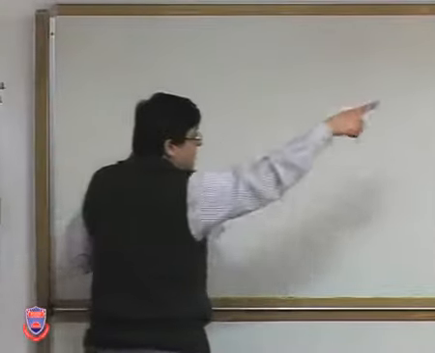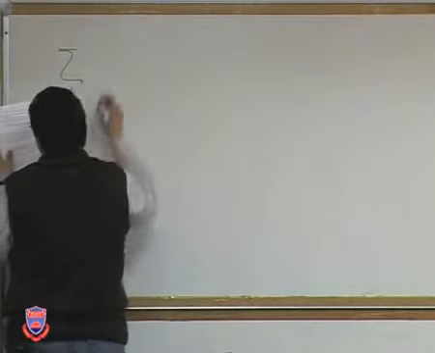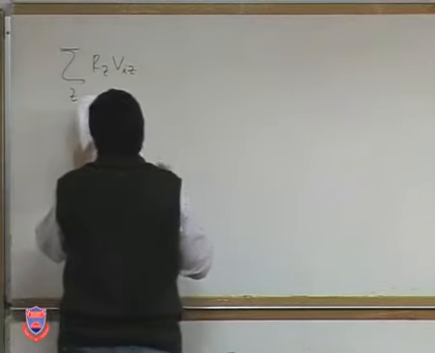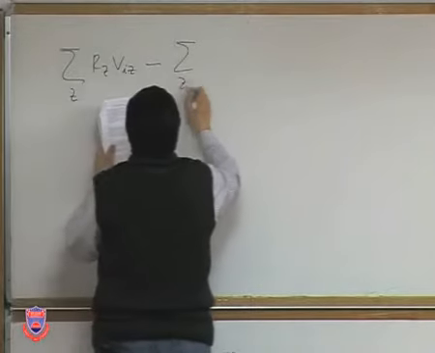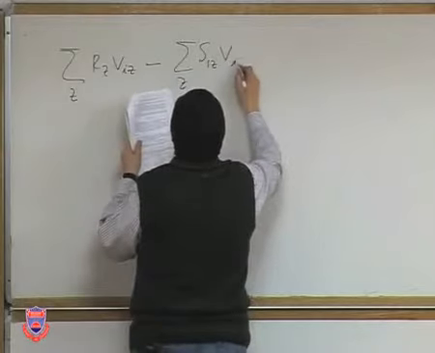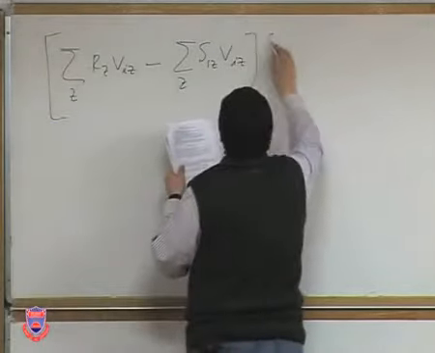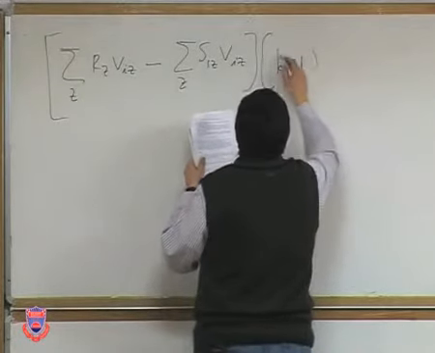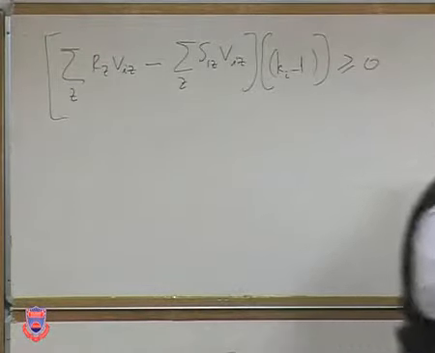Well, I'm simply going to write that condition: summation over all Z, R sub Z, V sub I,Z, minus summation over all Z, S sub I,Z, V sub I,Z, times Ki minus 1, should always be greater than or equal to 0.